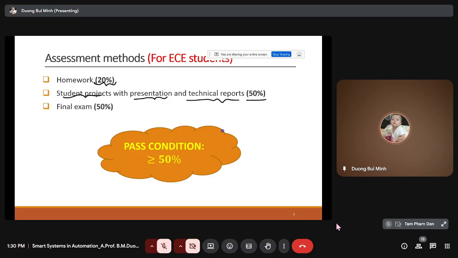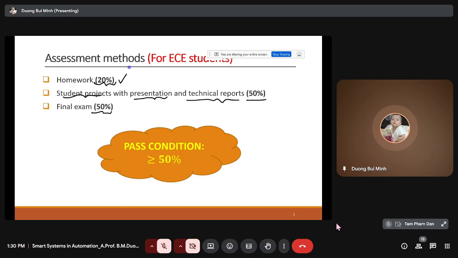And final exam, 50%. Most students cannot succeed with the final exam, because if you don't know how to write the code, and you don't understand the objective function I gave you, you cannot finish the final exam. You cannot do very well in the final exam.